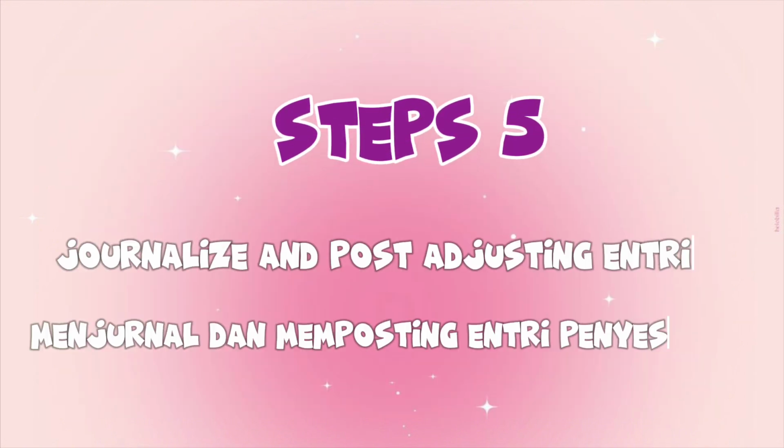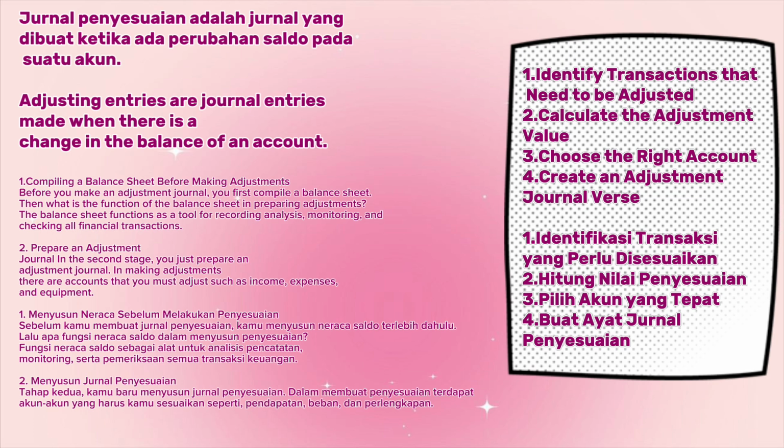Step 5. Journalize and post adjusting entries. Adjusting entries are journal entries made when there is a change in the balance of an account. The first stage, compile a trial balance before making adjustments. The second, prepare an adjustment journal.